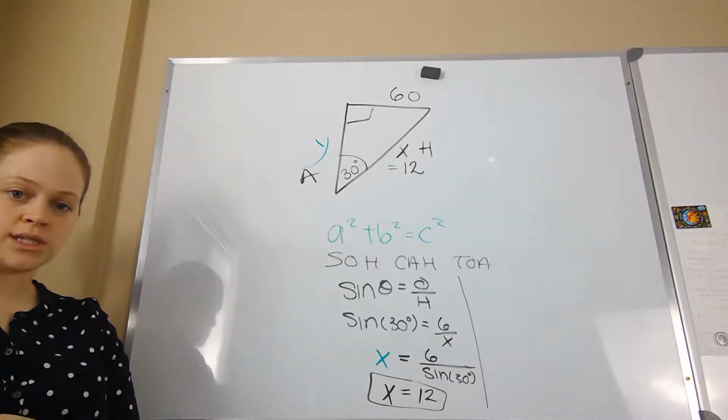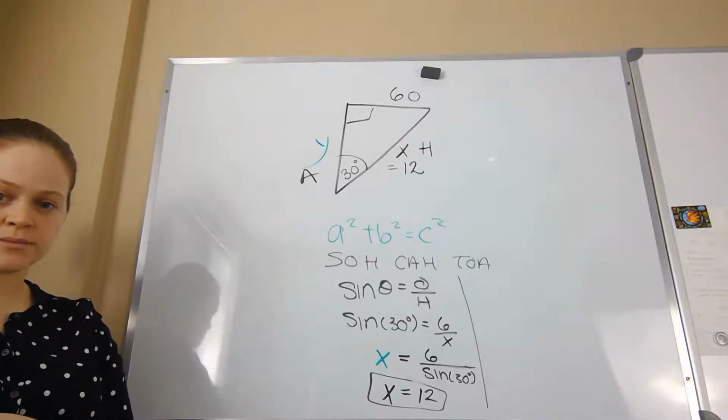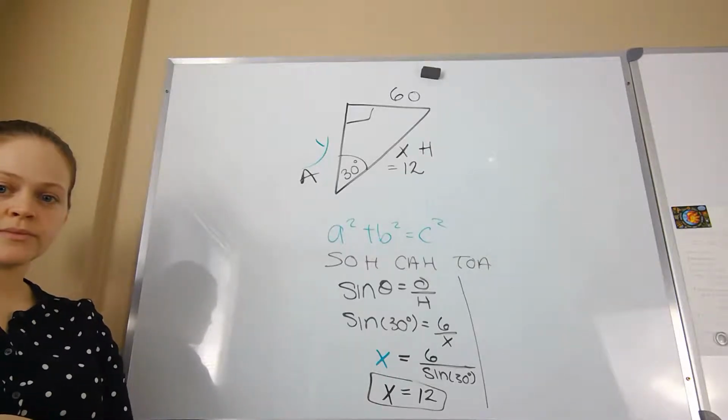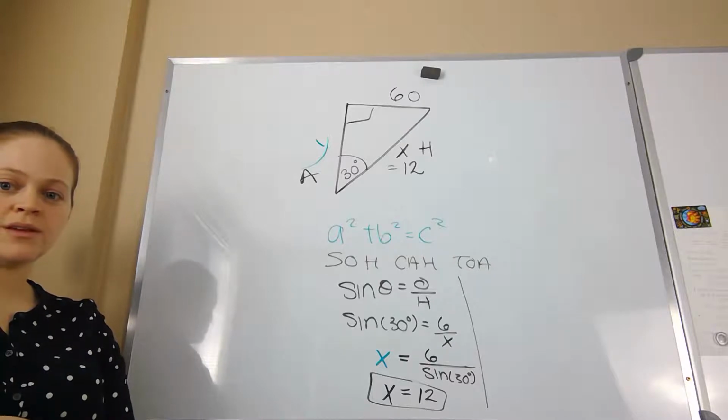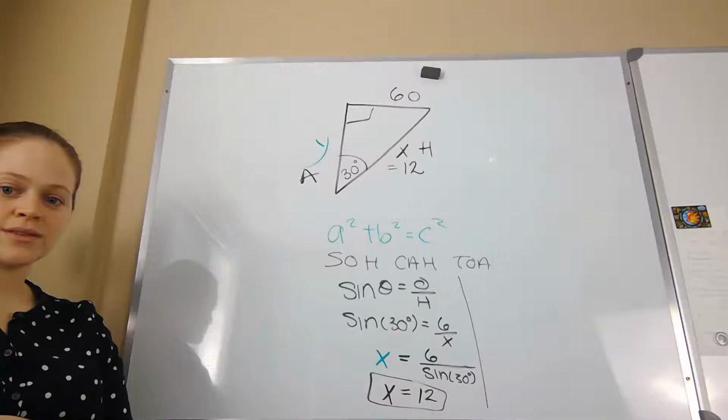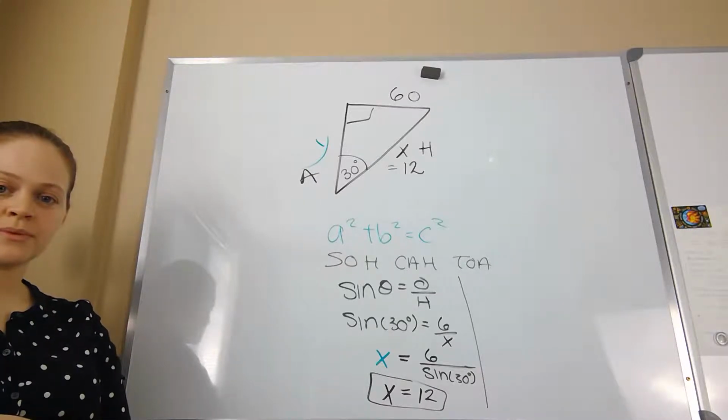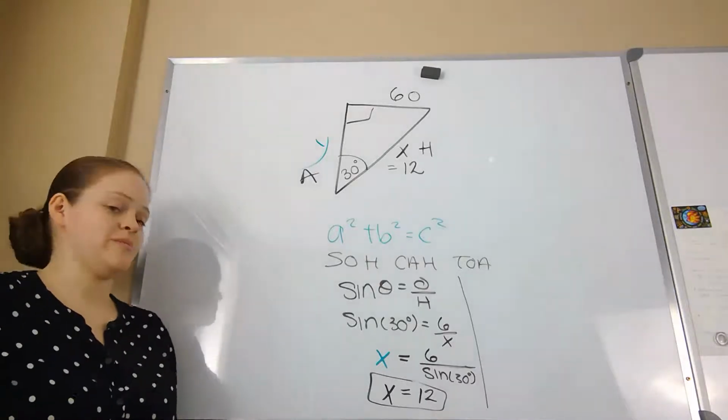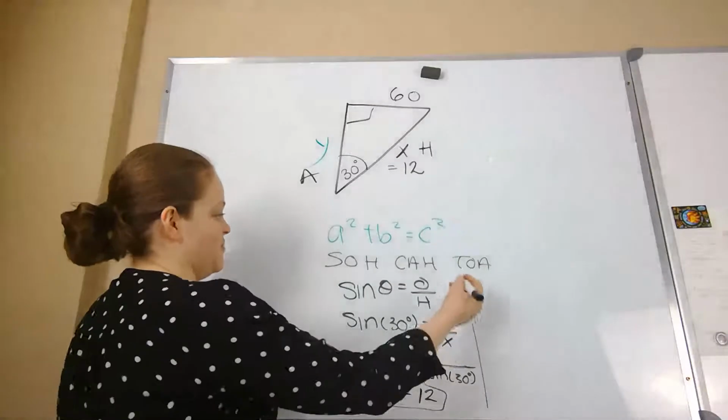So I have my adjacent and I have my opposite. So that would be the tan function. Yeah, good.